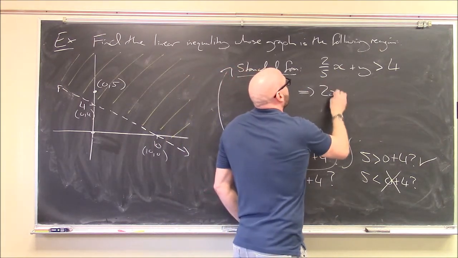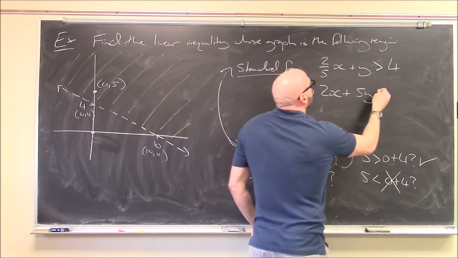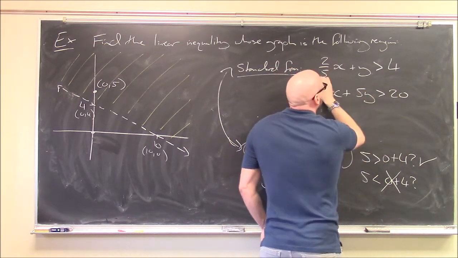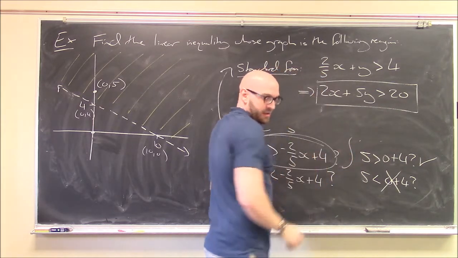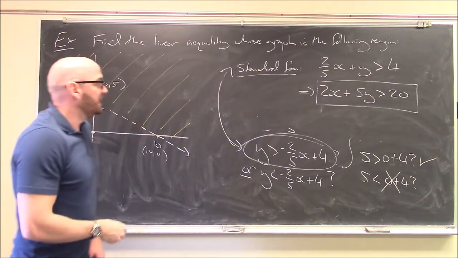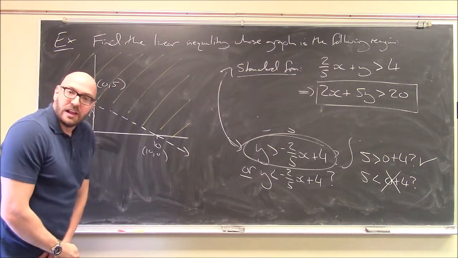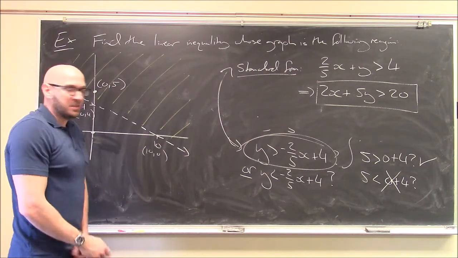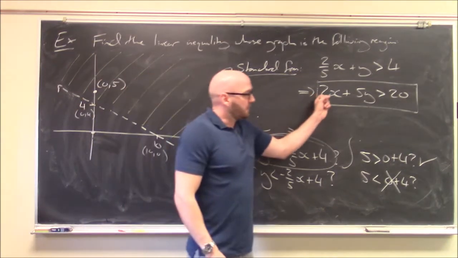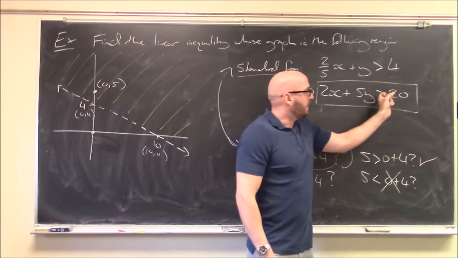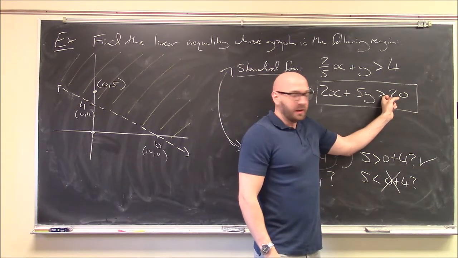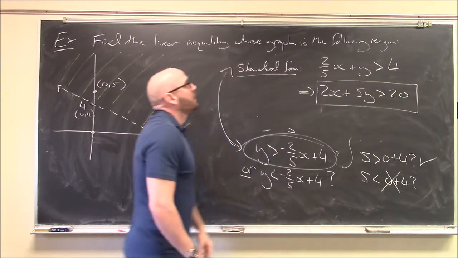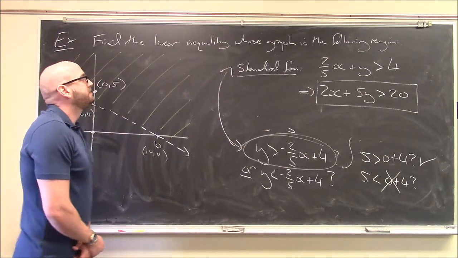So this would be 2x plus 5y is bigger than 20. And that's typically the form that my math lab is looking for if you come across these questions. It'll specify it wants it in standard form, ax plus by is bigger than c, where a, b, and c are all integers.